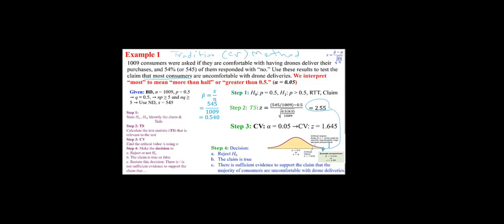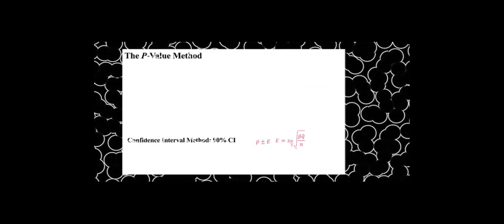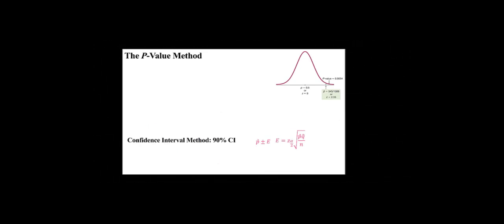In the case of a p-value, we come up with the area. As you can see, just from this graph, the area for 2.55 to the right is definitely smaller than the area z equals 1.645 to the right, or alpha. So that gives you a rejection region again. So the p-value looks at the area to the right of your test statistic because it's a right tail test.